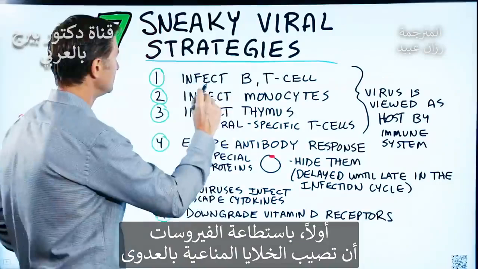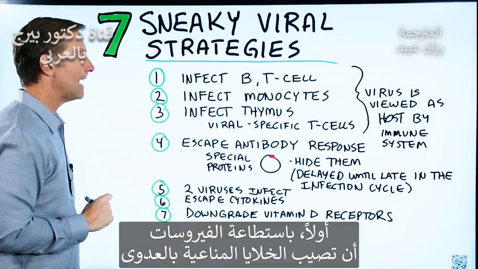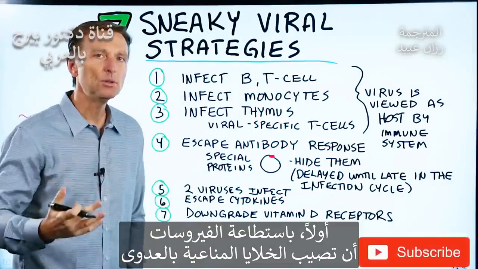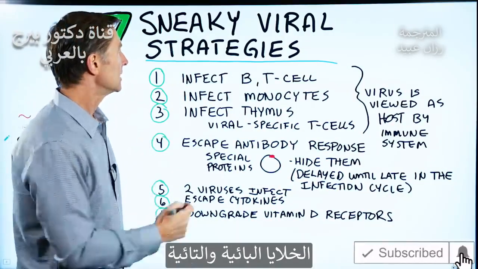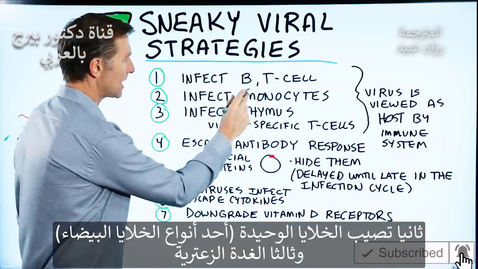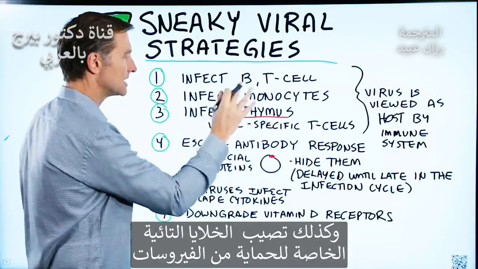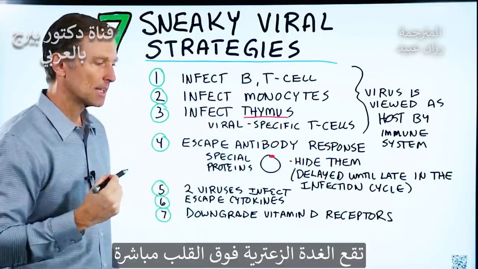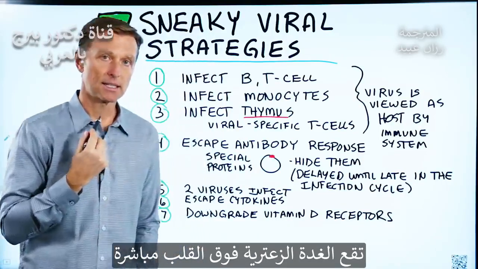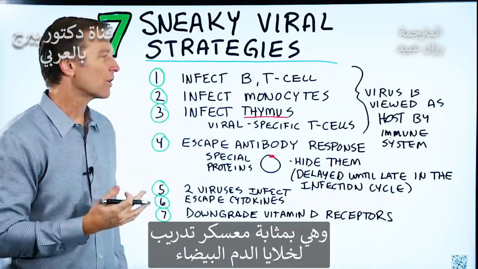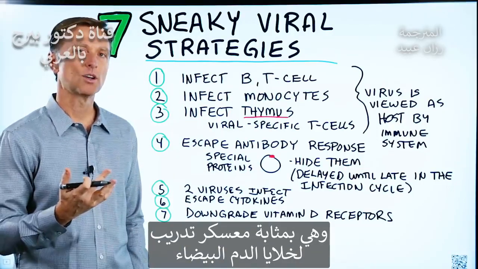All right, so number 1, viruses can infect your own immune cells, the B and T cells, the monocytes, and even your thymus and viral-specific T cells. The thymus is right above the heart, and it's a gland that's like the training camp for your white blood cells.